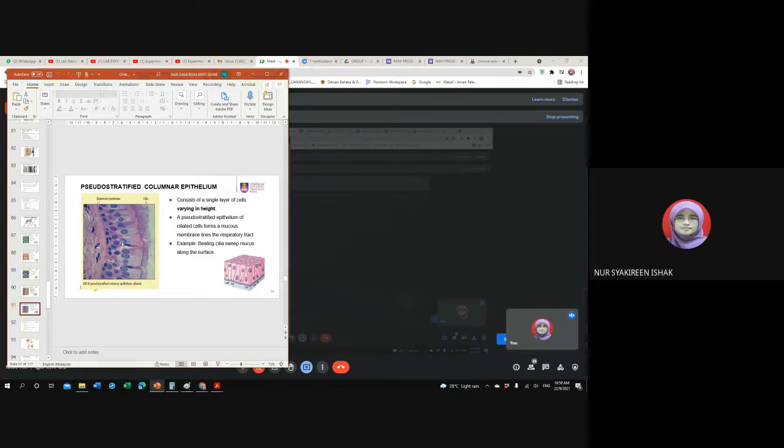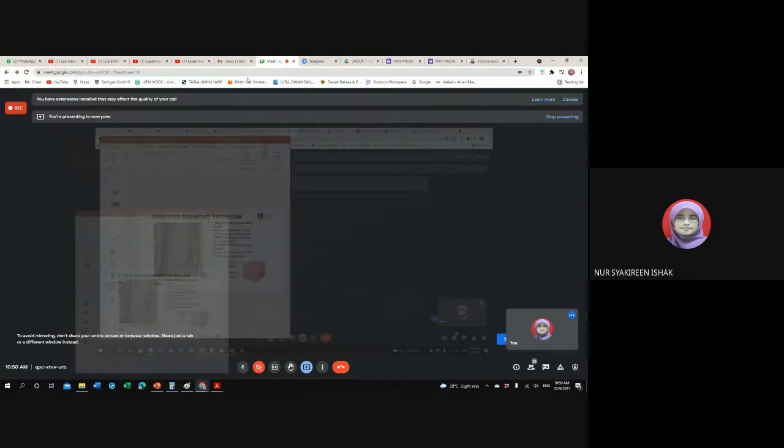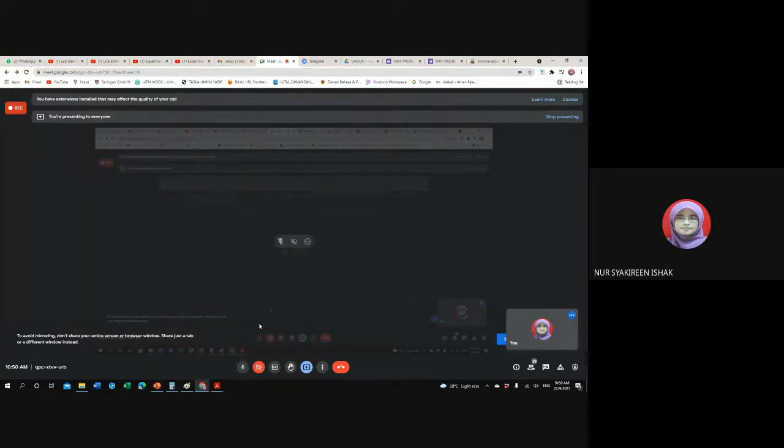Dia nampak macam banyak layer tapi dia sebenarnya single layer sahaja, sebab sel-sel dia terdiri daripada sel-sel yang panjang, yang pendek, yang kecil, yang besar. Tapi sebenarnya dia adalah one single layer. That is pseudostratified. Okay, so in this case of oral cavity, it is stratified squamous. Okay, so kena faham lah mana nak apply istilah-istilah ni. So please tengok balik awak punya nota, buat revision balik lepas ni.